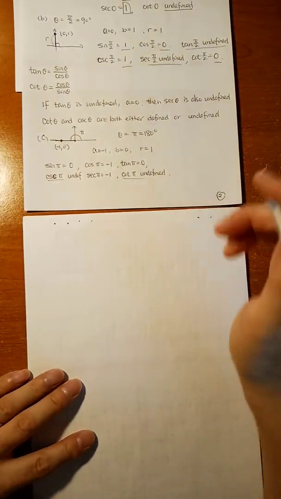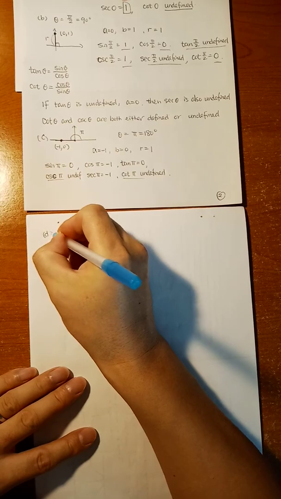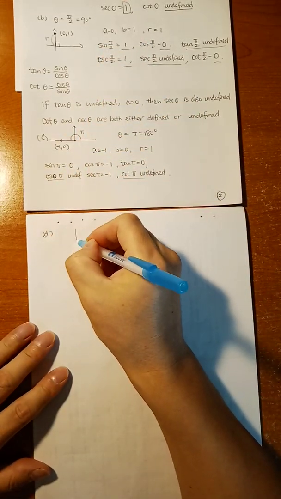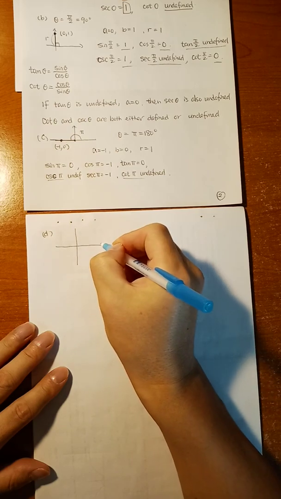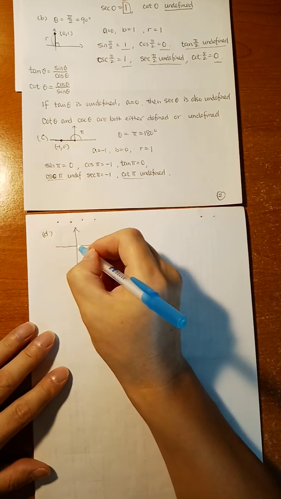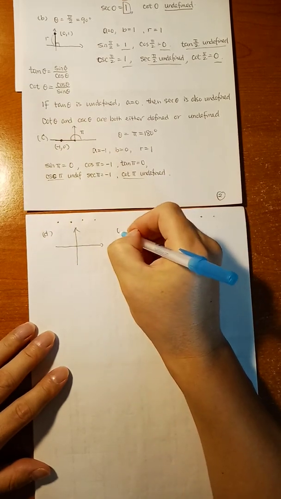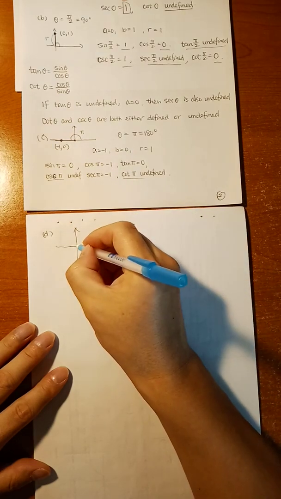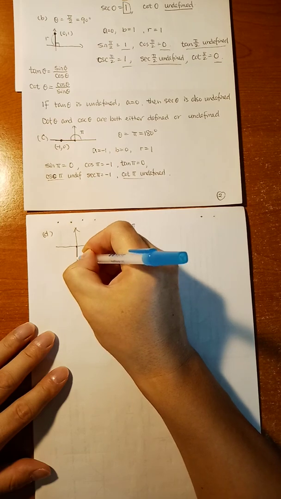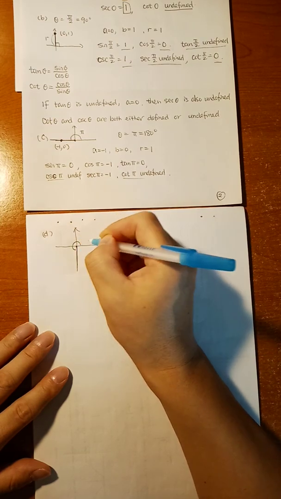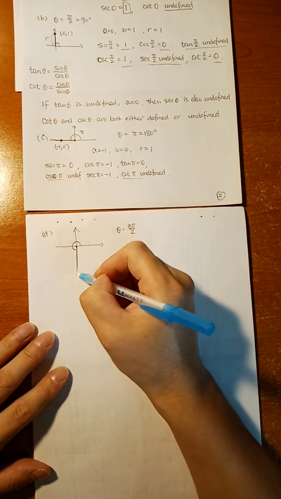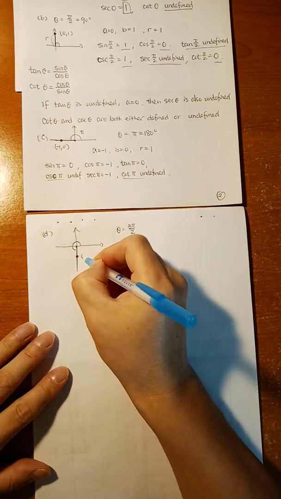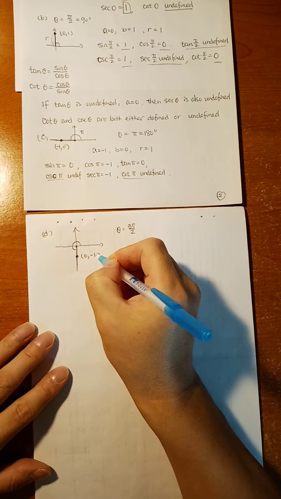Okay, the other one. We already did 3 examples, so we will do it very fast because we already have enough practice. Theta is 3 pi over 2. 3 pi over 2 means the terminal side is the negative y-axis, and we pick the point 0, -1.